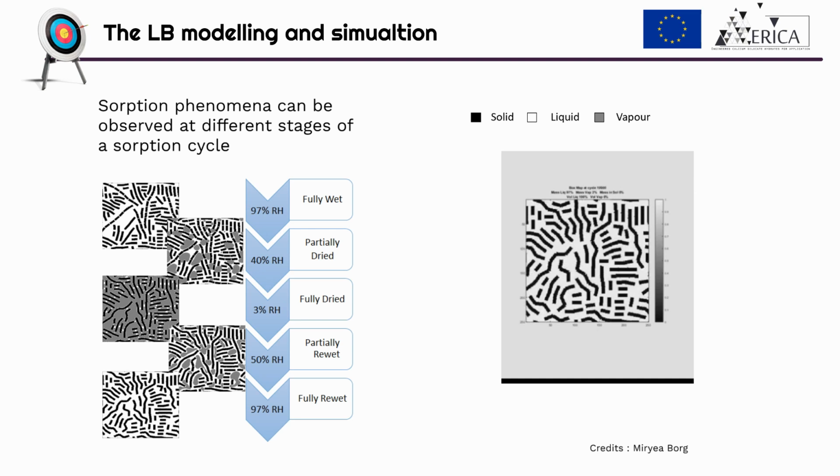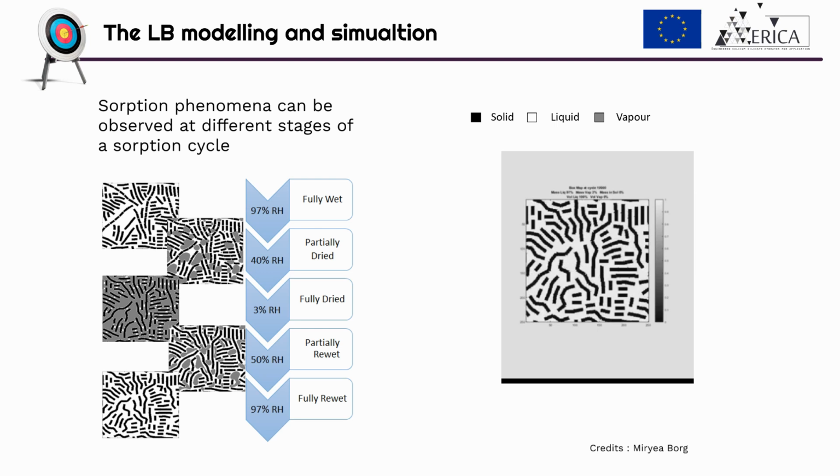During desorption, liquid is uniformly removed from across the structure and vapor bubbles start to form. Since these are at higher pressure than the surroundings, the black solid moves in response to the creation of vapor bubbles. Liquid keeps on evaporating from the system until we reach a fully dried state, and then it goes to adsorption.